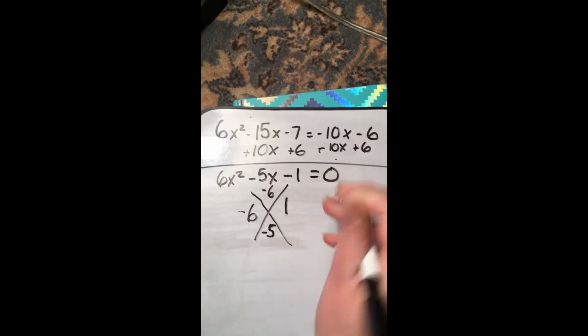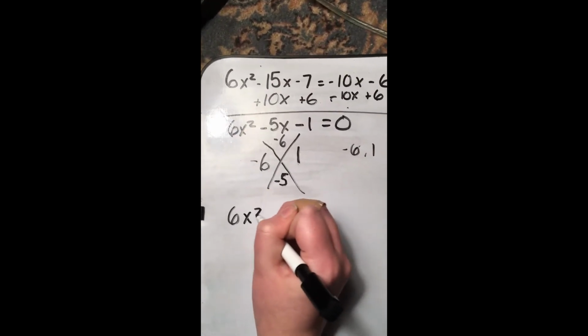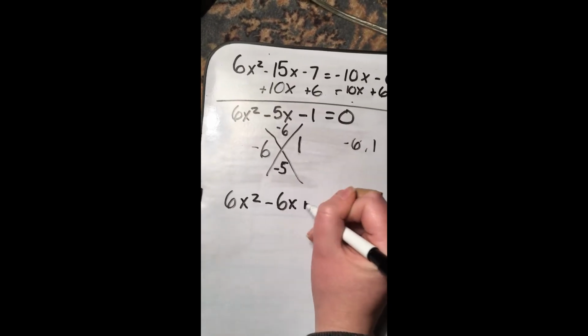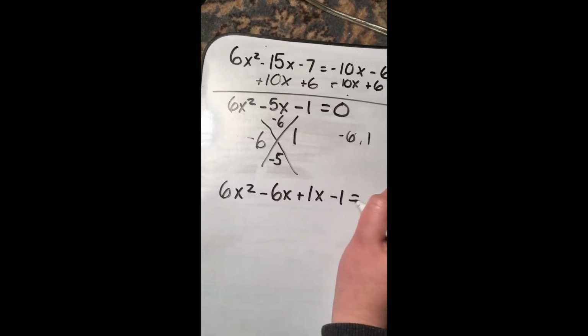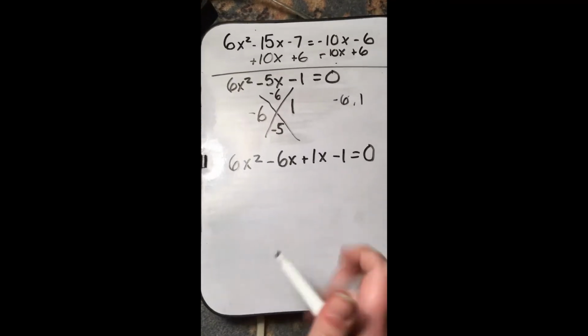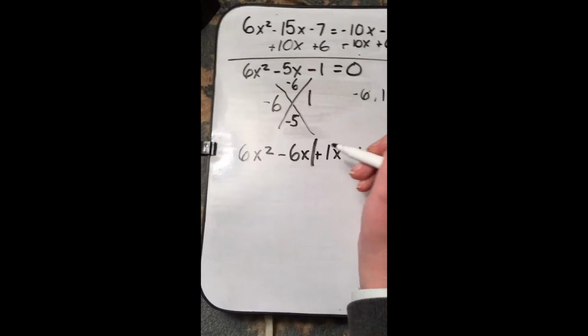Alright, so now we're going to have to rewrite the equation. 6x squared minus 6x plus 1x minus 1 equals 0. Alright, so remember now we have to split it into two parts.